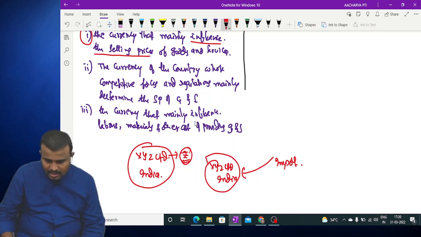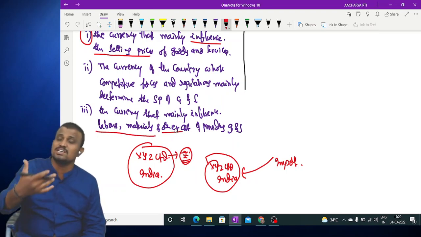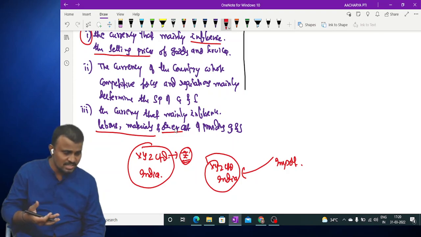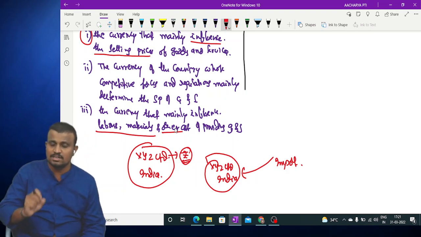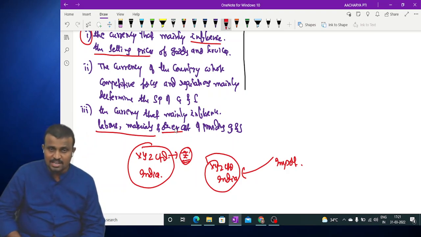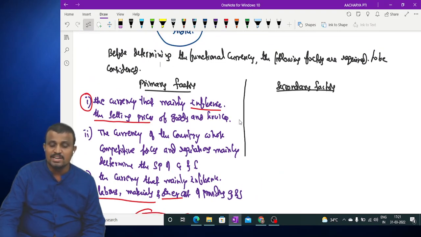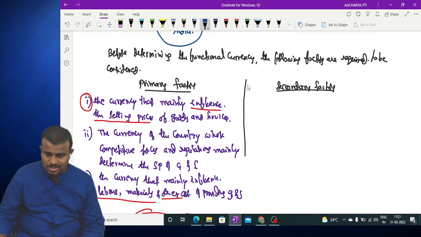In the same way, the currency in which the labor cost, material cost, and other costs incurred in relation to the goods or services are denominated and settled is treated as the functional currency. And along with that, some secondary factors are also considered while determining the functional currency.